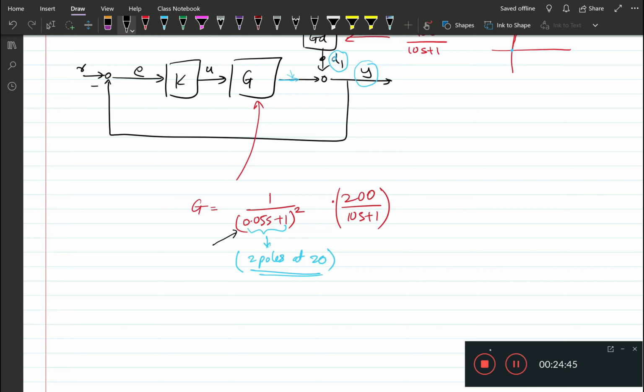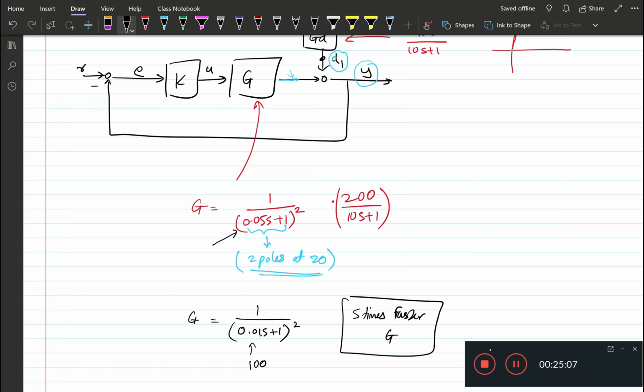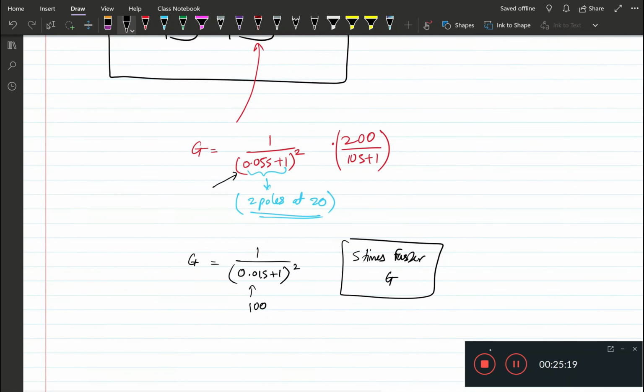So for example, if the G is 1 over 0.01s plus 1 squared, that would mean the pole is now at 100 instead of 20, so 5 times faster G. So that would mean the controller can be slightly slower to bring this one to catch up with D1, and in this case you can see that that's indeed possible.